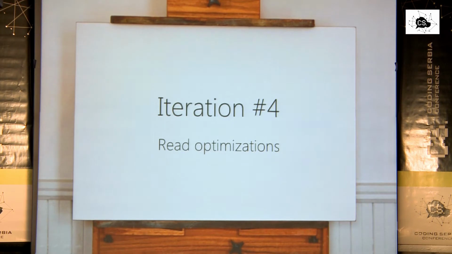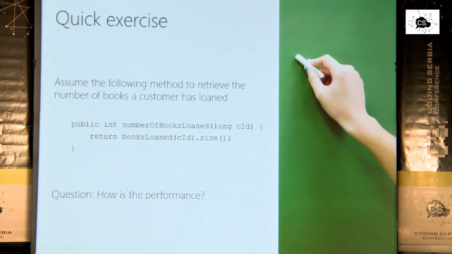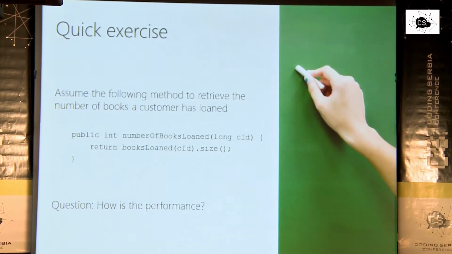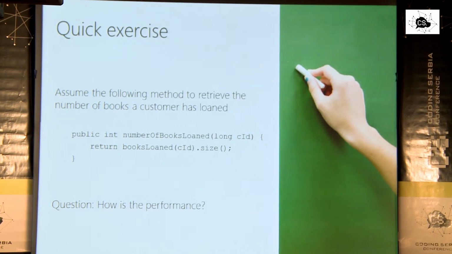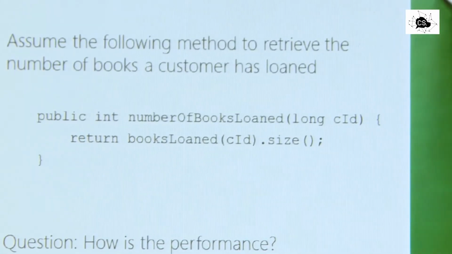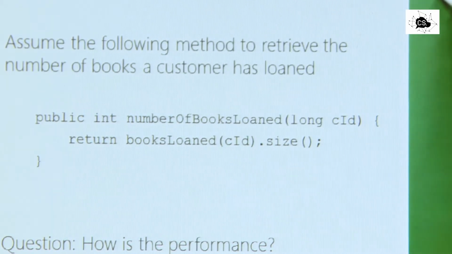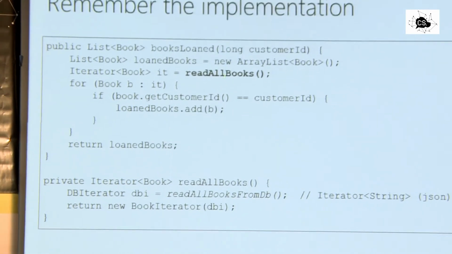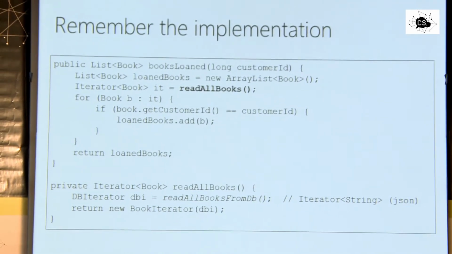And you say, why the heck? The problem is, when you boil it down to this simple function here, which is going to take place. Because you have a limitation, if the customer already loaned a specific amount of books, you won't let him loan another book. And this takes somehow internally. And of course, if you look into the code, you see here is this read all books, which takes so long.